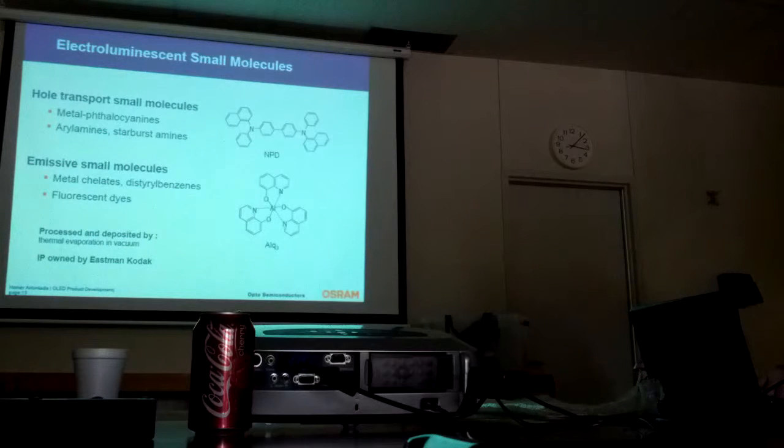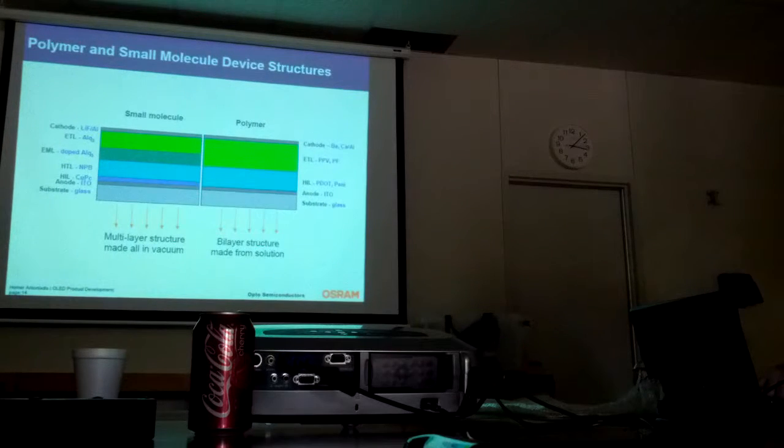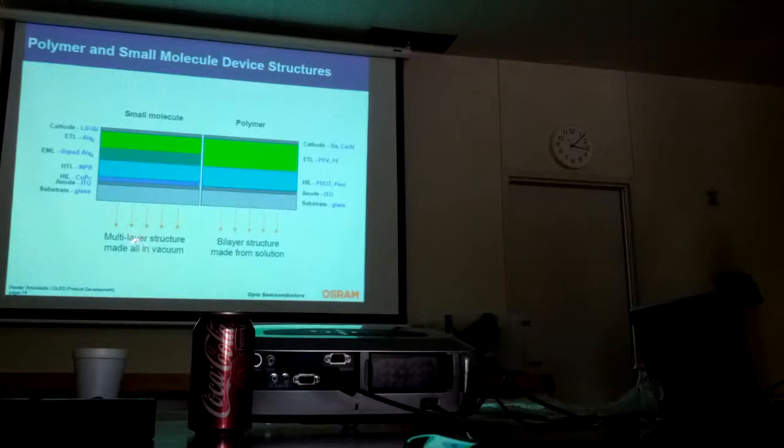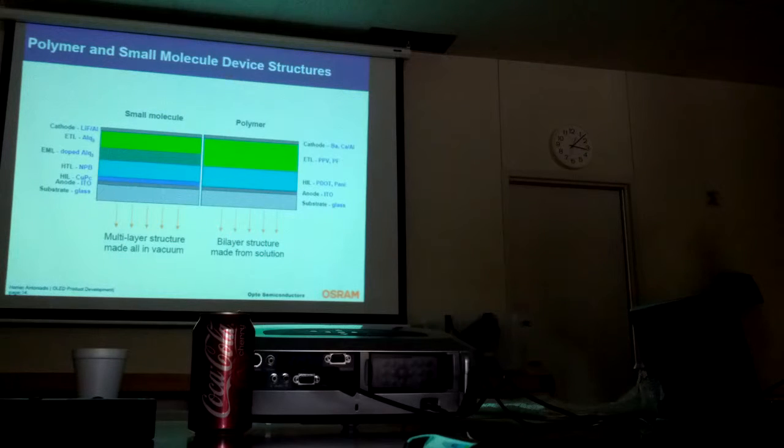And I think I'm going to pass over this. It's kind of on the boring side, but basically they're showing here a multi-layer structure made in a vacuum environment, and here's a bilateral structure made from a solution, which requires no vacuum.